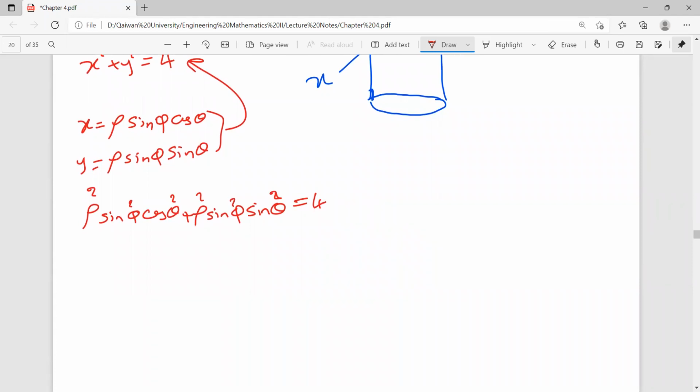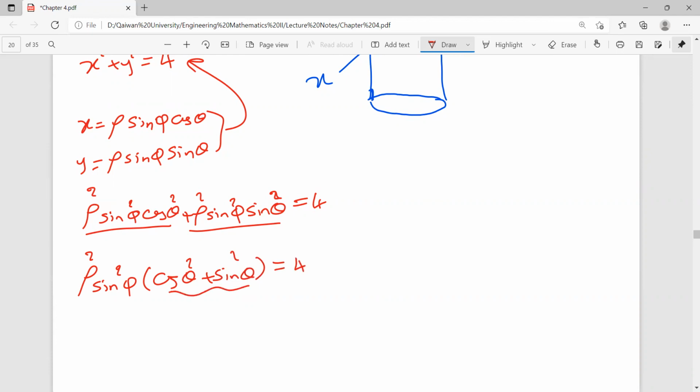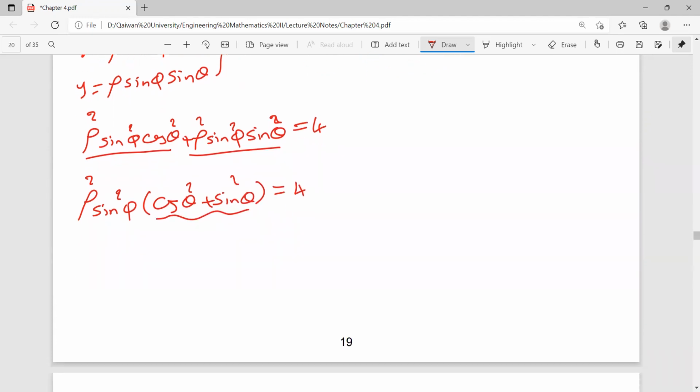The common factor is rho squared sine squared phi, and what's left is cosine squared theta plus sine squared theta, which is 1.